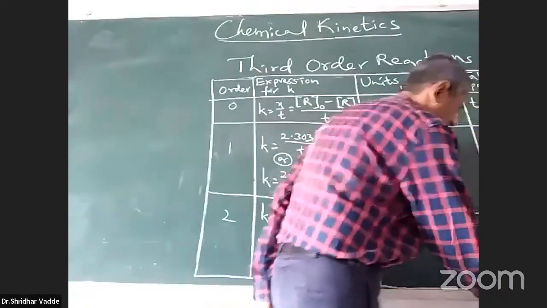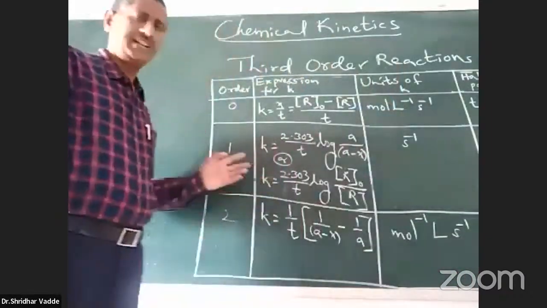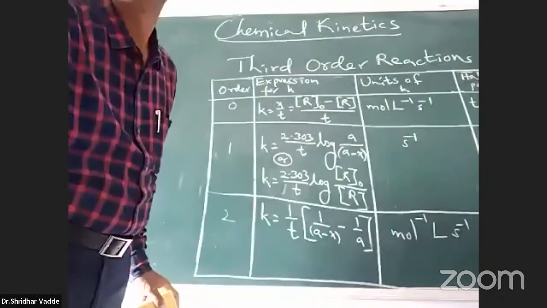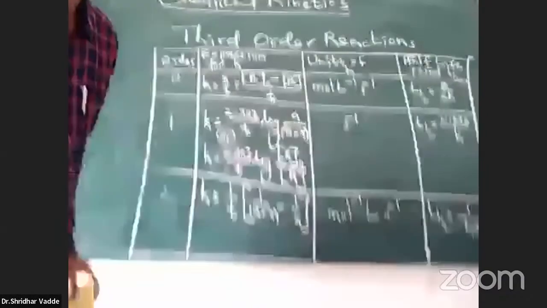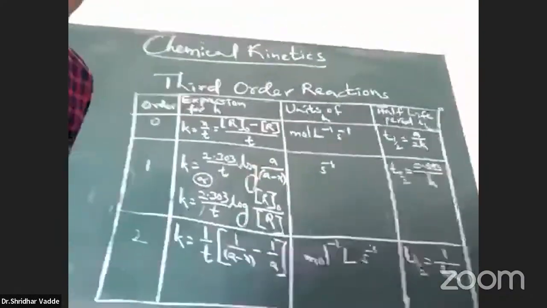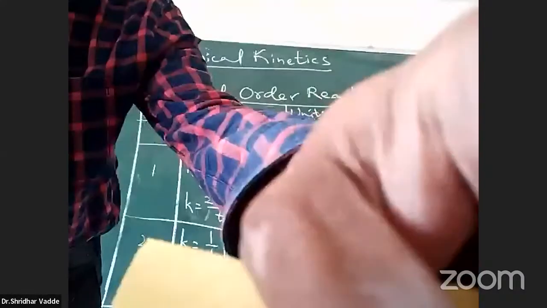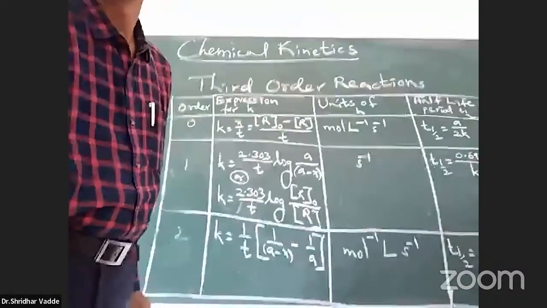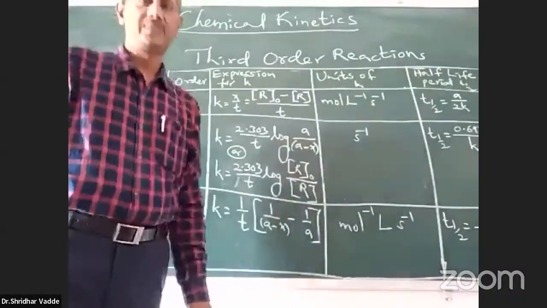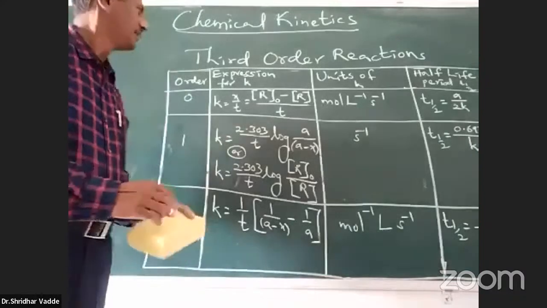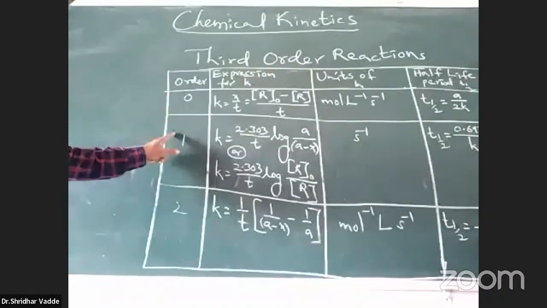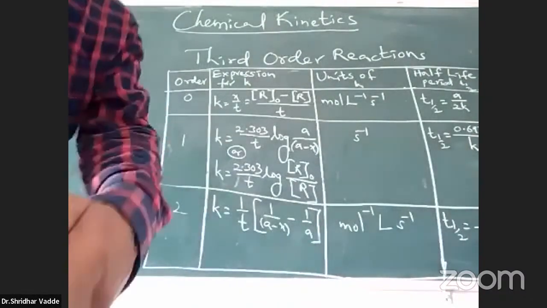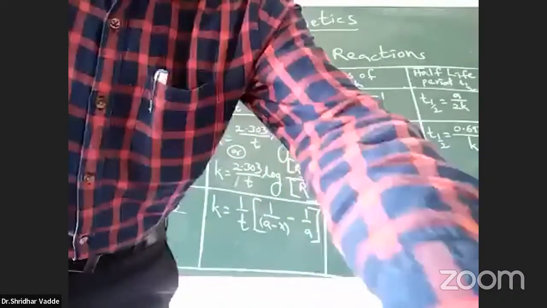You can take a screenshot of this one. This is highly useful for you. So you take this: zero order, first order, second order.